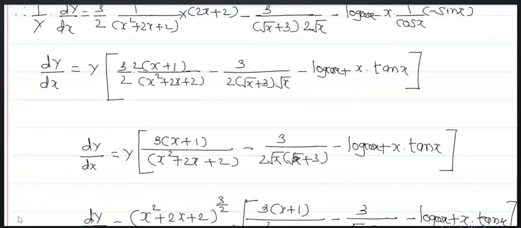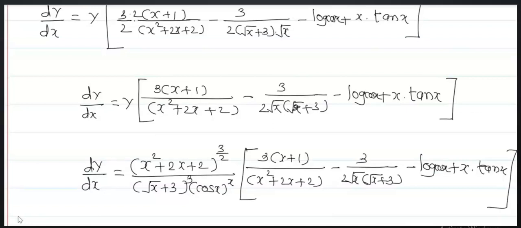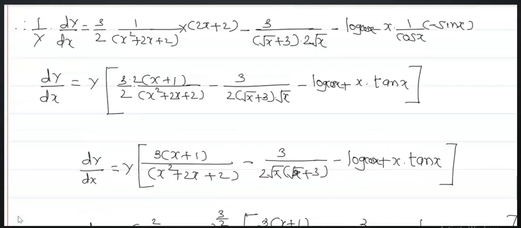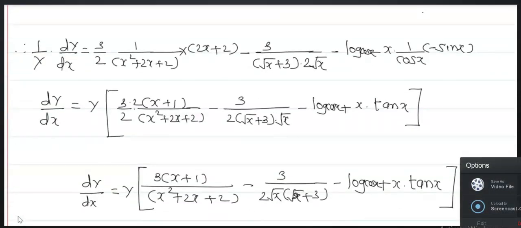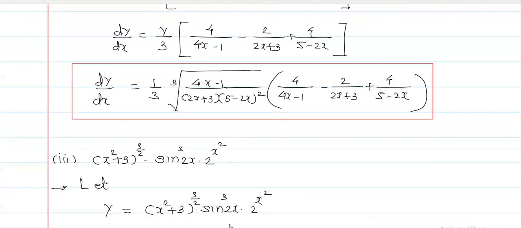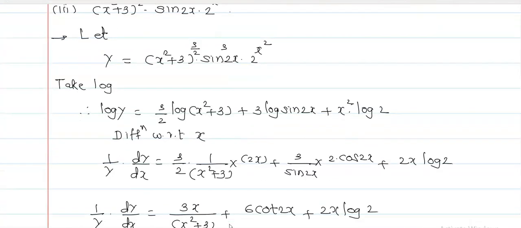Now see this again. This is the problem: log of y is equal to 3 upon 2 log of x square plus 3, minus 3 log of sine of 2x, plus x square into log of 2.